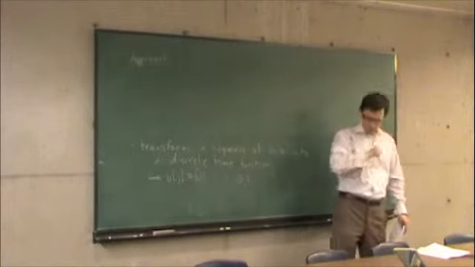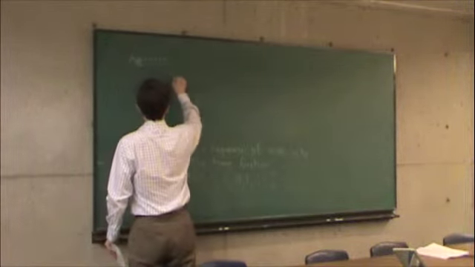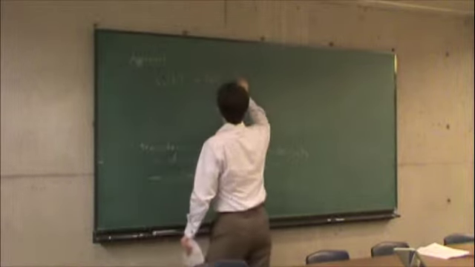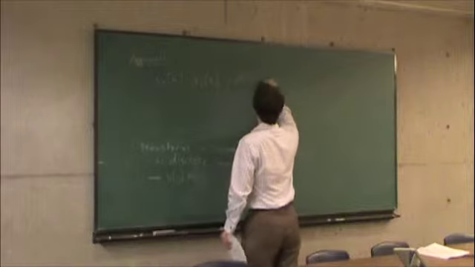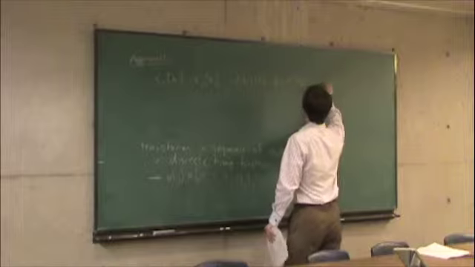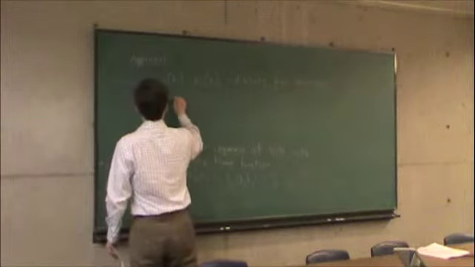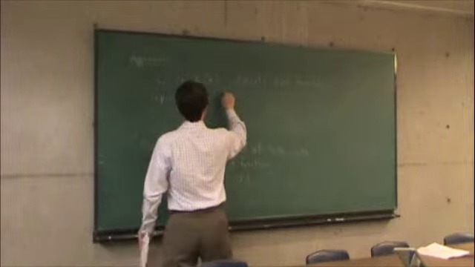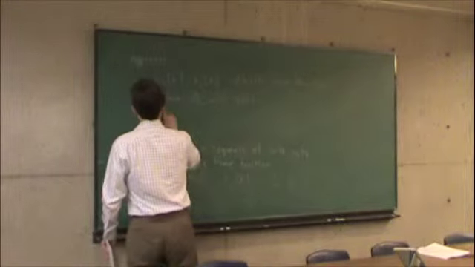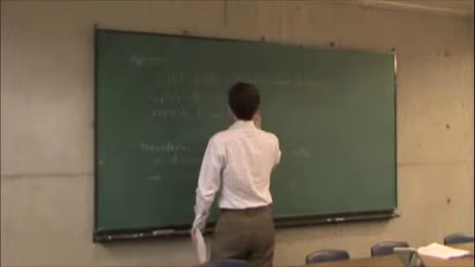So the approach is we're going to define two discrete time functions, S0 and S1. And basically we're going to replace 0 with S0 and replace 1 with S1.